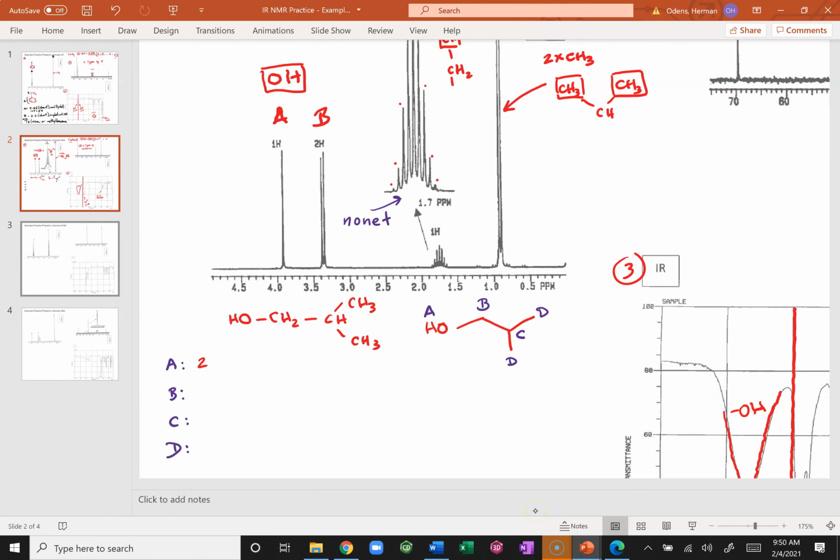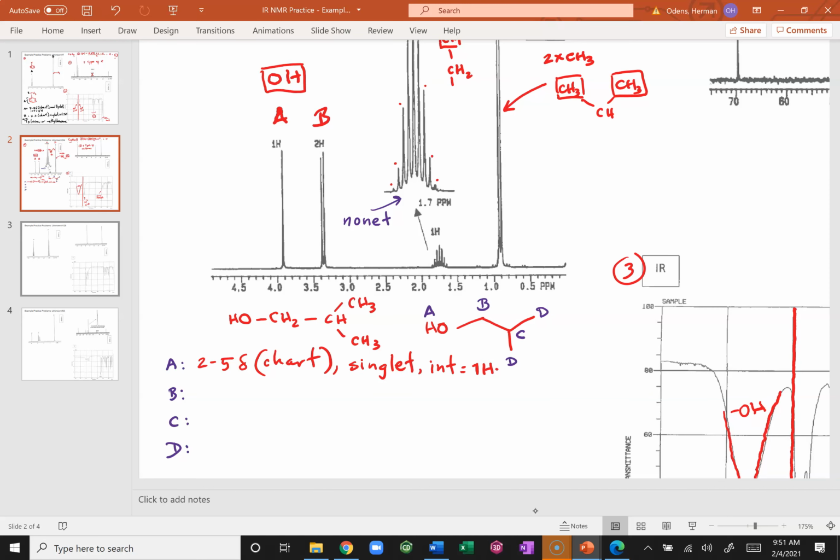So this would be 2 to 5 ppm. It's showing up around 4, 3.9 to be exact. We'll call it singlet. It's not broad enough to call it broad singlet. That's a singlet that integrates for 1 hydrogen.